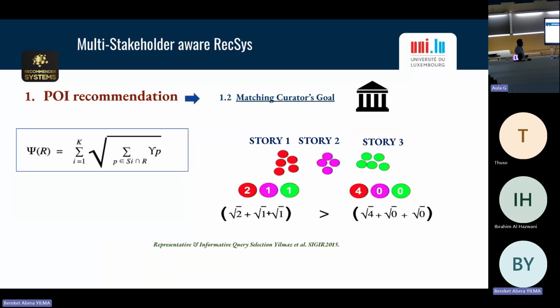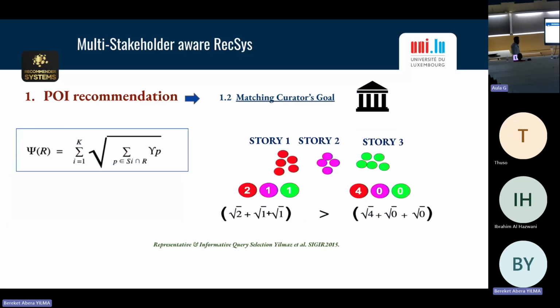If you select 2 items from the first story group, 1 from the second, and 1 from the third, this function gives you a higher value instead of selecting all of them from only 1 story group, owing to the square root of this function. So when you apply this function to your selection strategy, you get a recommendation set which maximally covers these story groups.